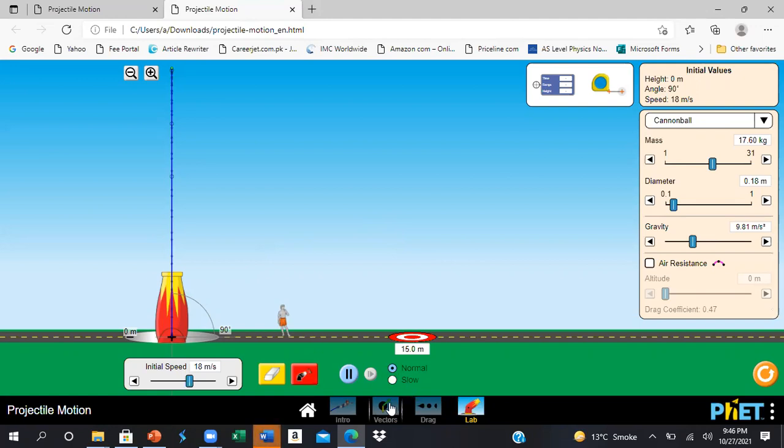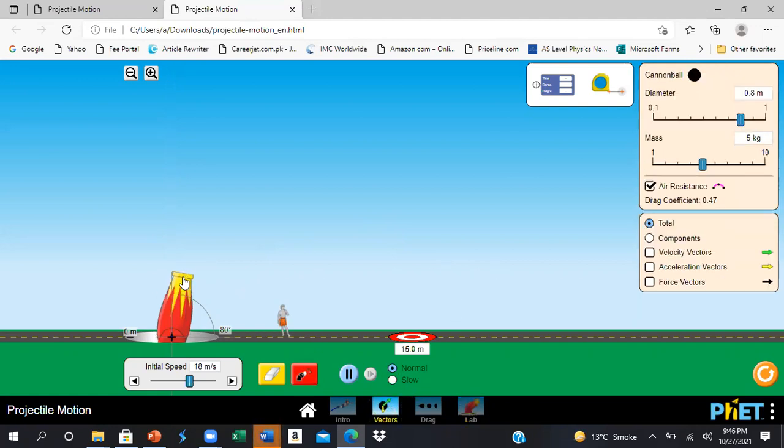Let's fire it again. It's going up, coming down, going up, coming down. So this is vertical motion.